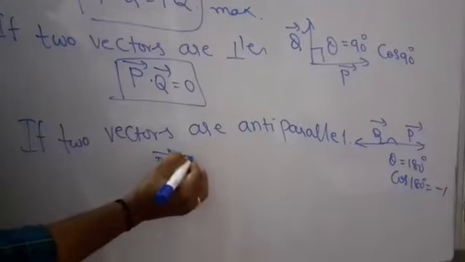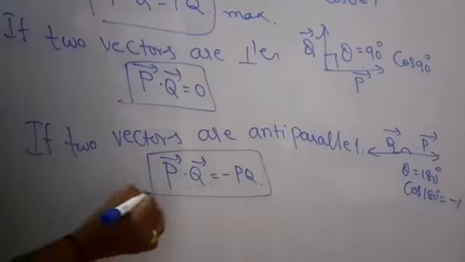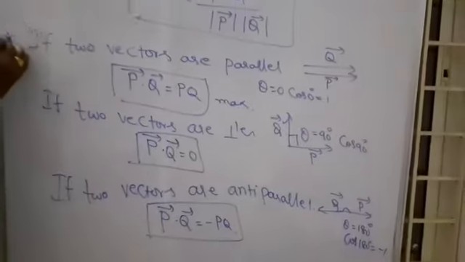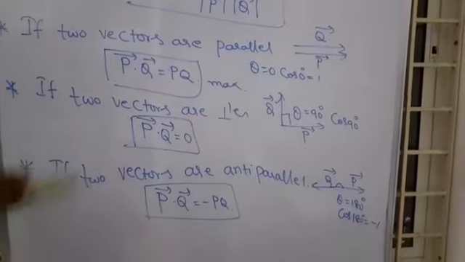So P bar dot Q bar is equal to minus PQ. So these are the applications of this dot product.